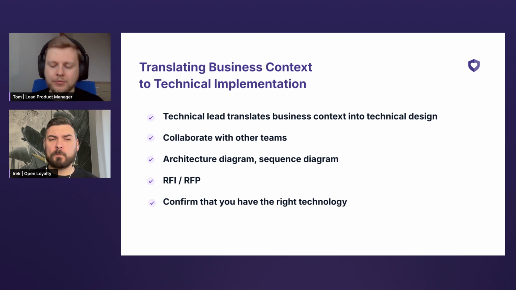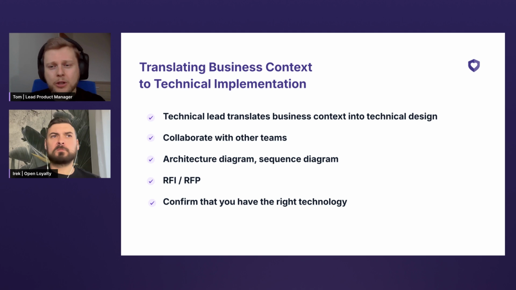So for that, it's essential to have the right artifacts, deliverables here, which would be an architecture diagram. So a tech lead or architect should create a diagram showcasing how your system will be delivering the overall customer journey with the loyalty program, right?